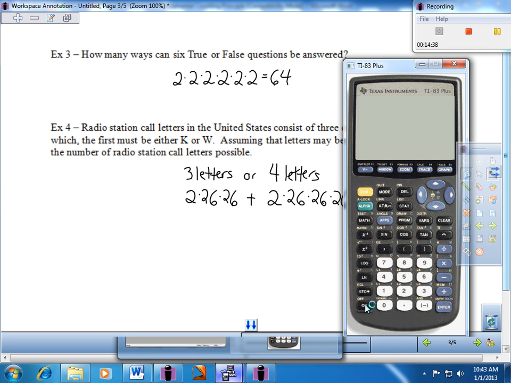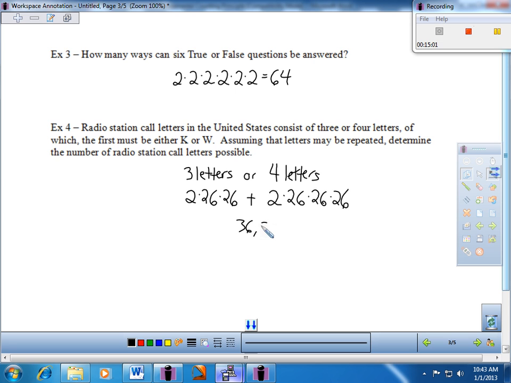And so I got 2 times 26 times 26, and then I'm going to add the number of 4-letter radio stations possible. So make sure I get this right. And there we go. And I hit enter. And so that, I believe, is our final answer there. I'm getting 36,504 possible radio stations.